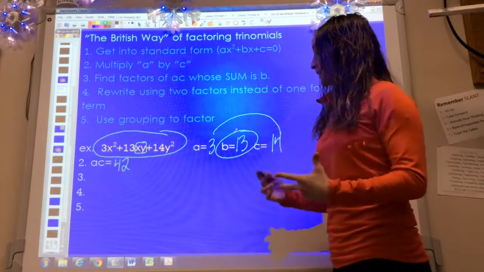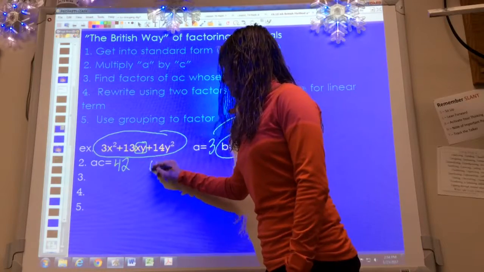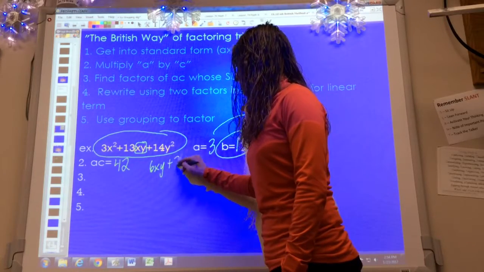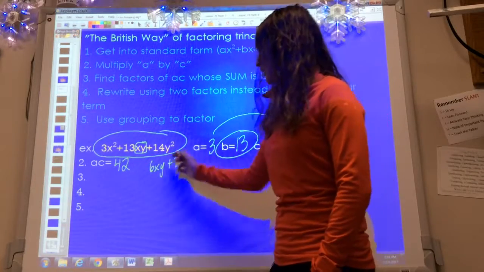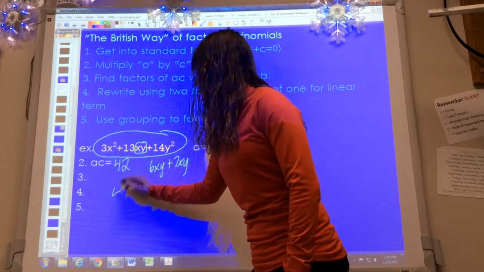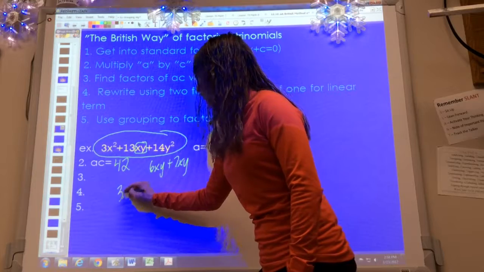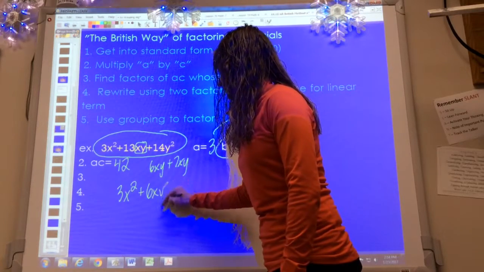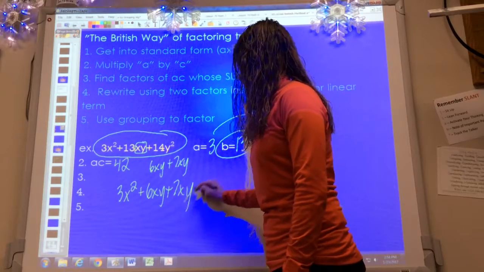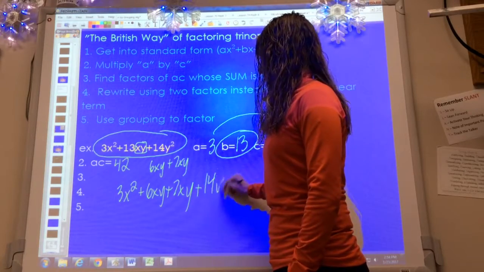The more practice we get, the more you'll just say 6xy plus 7xy. 6 times 7, 42. Then we could rewrite our original 3x squared plus 6xy plus 7xy plus 14y squared.